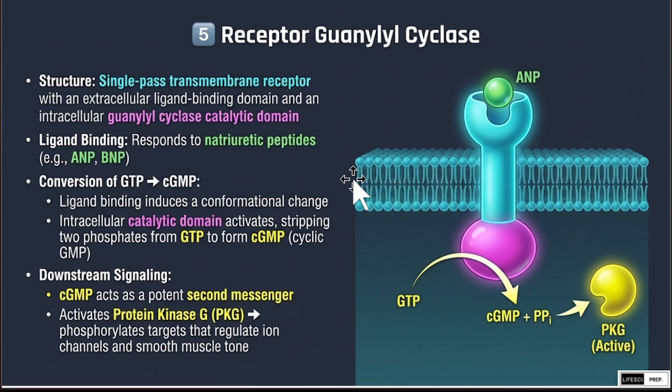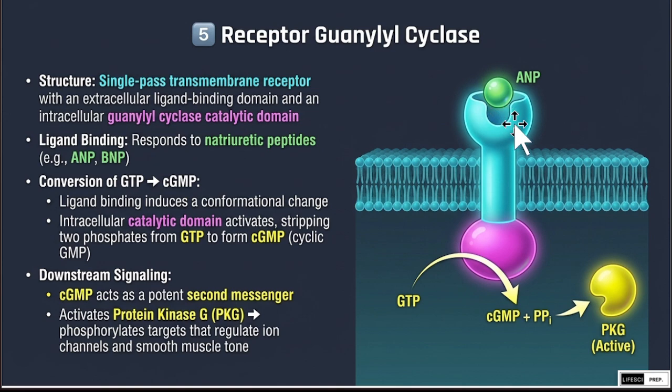Let's talk about receptor guanylyl cyclase. Here, it is a single pass transmembrane receptor with an extracellular ligand binding domain and an intracellular guanylyl cyclase catalytic domain. Here, the ligand responds to the natriuretic peptides, that is ANP and BNP.